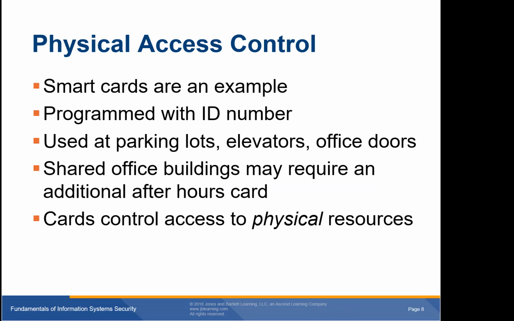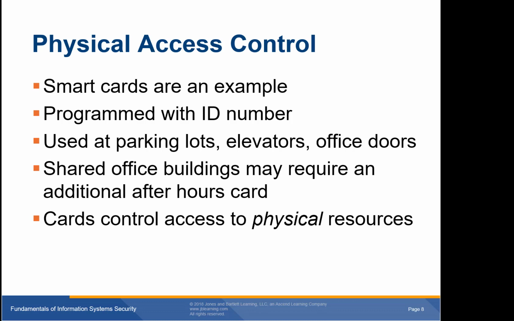An organization's facility manager is often responsible for physical access control. This person might give you a security card, also known as a smart card, programmed with your employee ID. You might need to swipe this card through a card reader to open a gate to the parking lot and swipe it in the elevator to let you off on your floor. You might also need to swipe this card to unlock the door leading to your office.